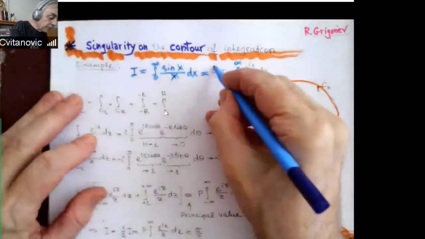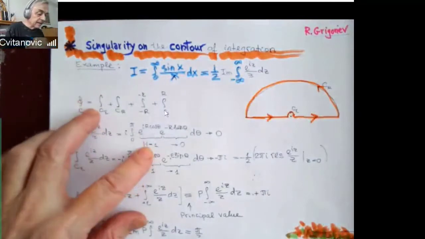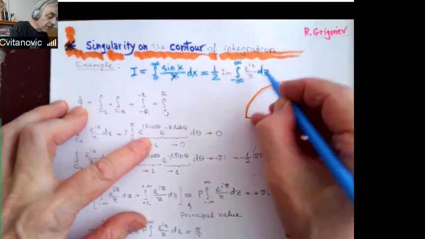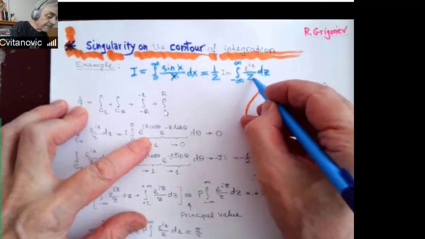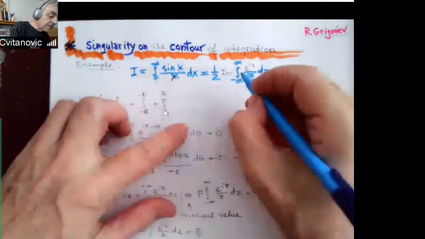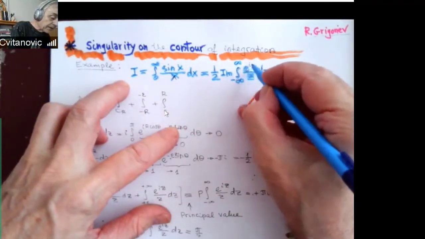So just take 1/2. And let's now put this in a complex plane. And the sine, I know it's the imaginary part of a complex exponential.